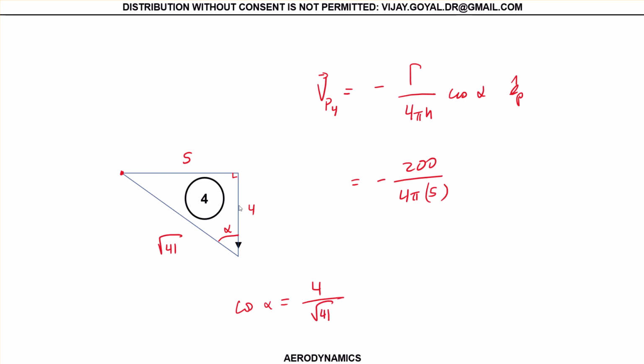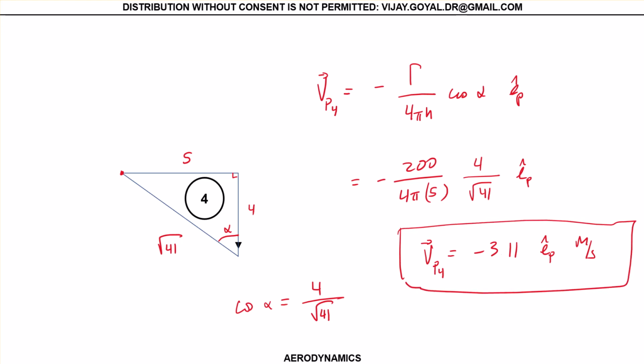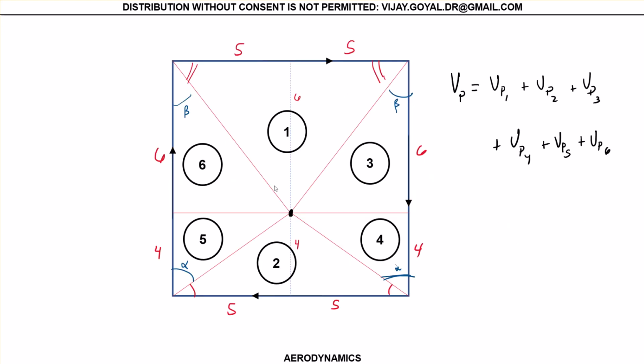You can see the adjacent over the hypotenuse. 4 divided by square root of 41 EP. So VP4 will be minus 3.11 EP meters per second. So that is segment number 4. So we got 1, 2, 3, 4. Let's do 5 and 6.